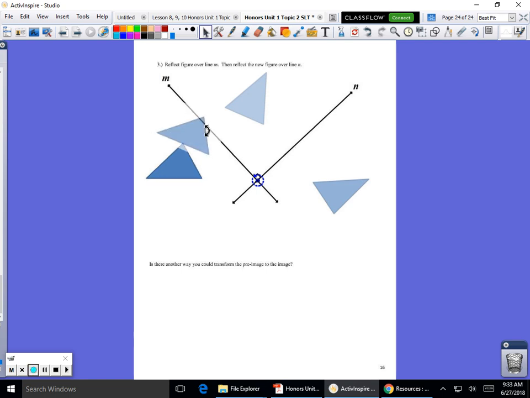If I have the x-axis and the y-axis, and I reflect over the x-axis, it looks different. But then when I reflect it back, it looks the same. It's the same orientation as the original. Reflect, reflect. And I could get to the same spot by rotating 180 degrees. All right, so reflecting over two perpendicular lines is the same as rotating 180 degrees. So that's important.